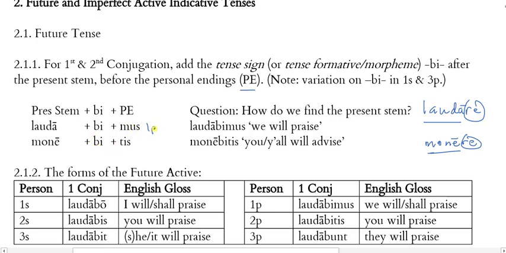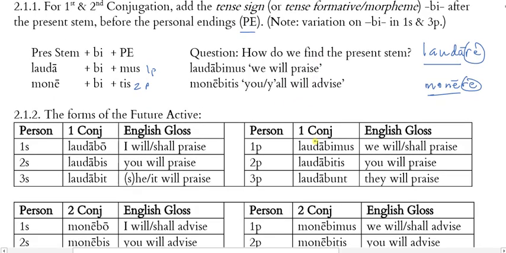Now I've chosen the first person plural ending -mus here for the first example, lauda plus bi plus mus, laudabimus, and that's we will praise. Mus is we, the bi is will, lauda is praise. And with moneo, it's monebitis. Here this is the second plural personal ending. And when we put that together, we get monebitis, and that's you or y'all will advise.